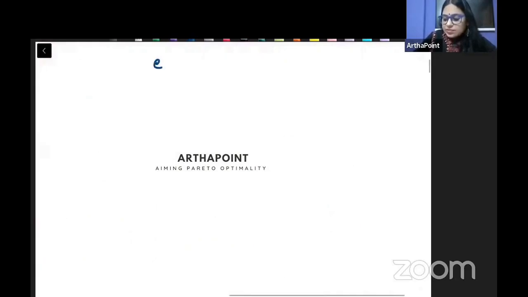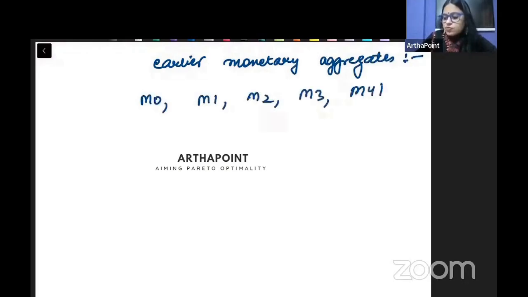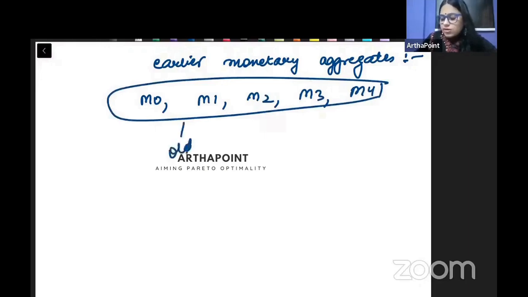See, earlier we had the monetary aggregates. जो हमारे पुराने monetary aggregates होते थे, those monetary aggregates were called M0, M1, M2 and M3, M4 also. These are our old monetary aggregates.